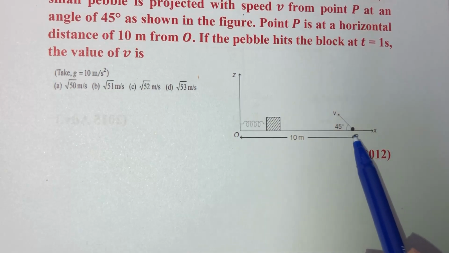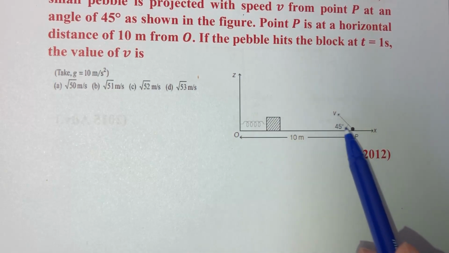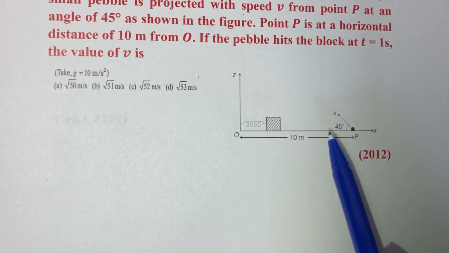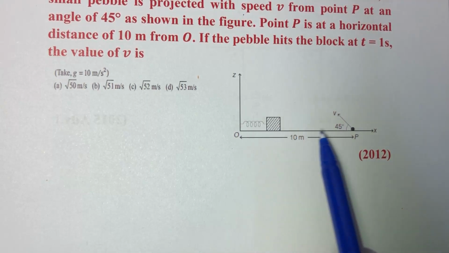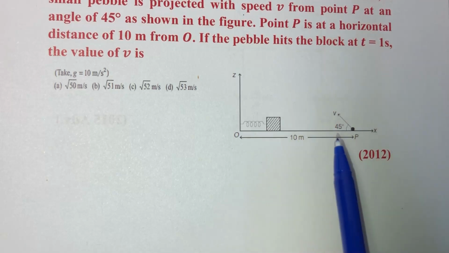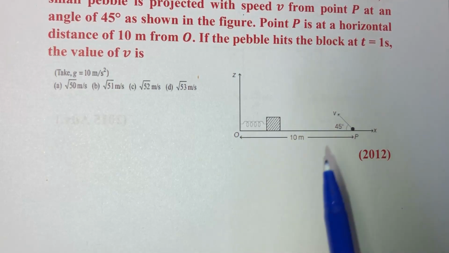At the same time, at t equal to 0, this pebble is projected at an angle of 45 degree with the velocity of v, and we have to find out, if the pebble hits the block at t equal to 1 second, what will be the value of v.